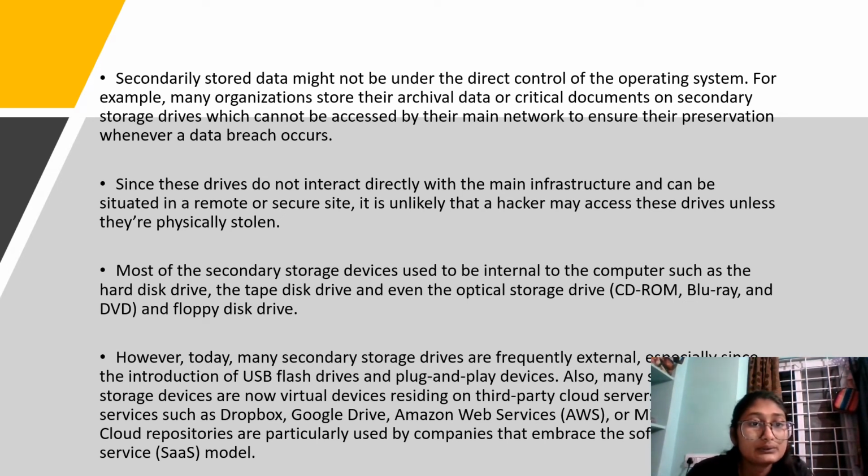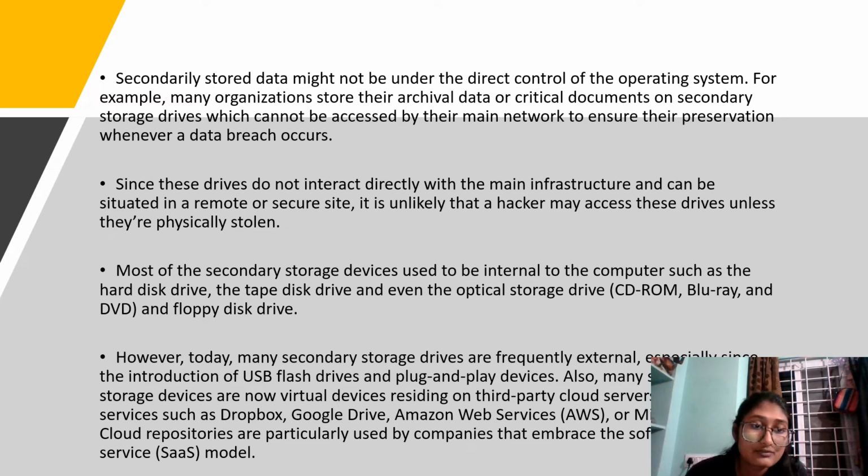Secondary stored data might not be under the direct control of the operating system. For example, many organizations store their archival data and critical documents on secondary storage devices which cannot be accessed by their main network to ensure their preservation whenever a data breach occurs.